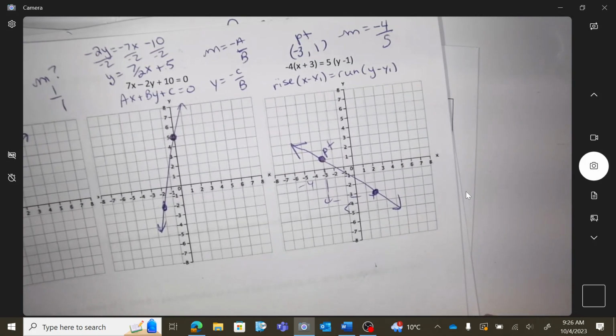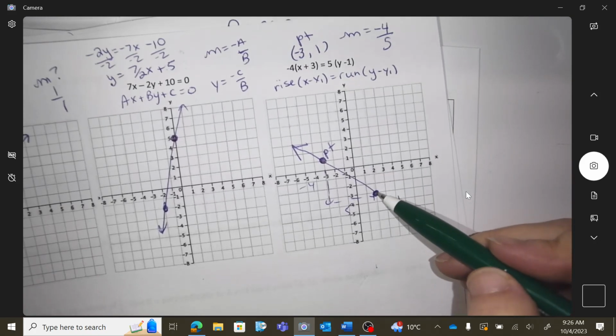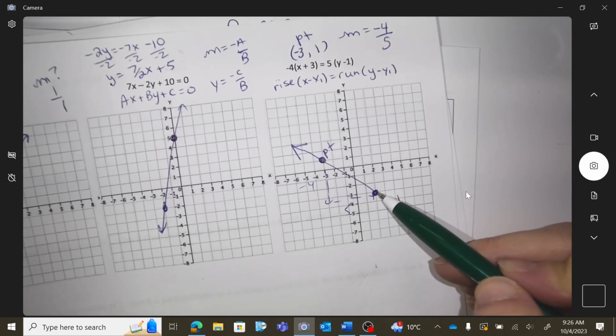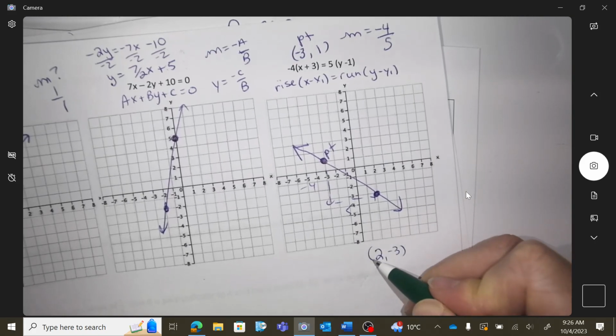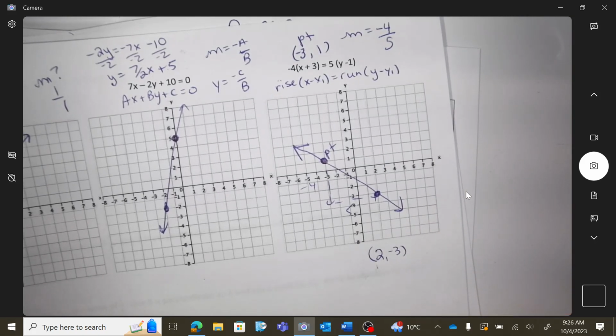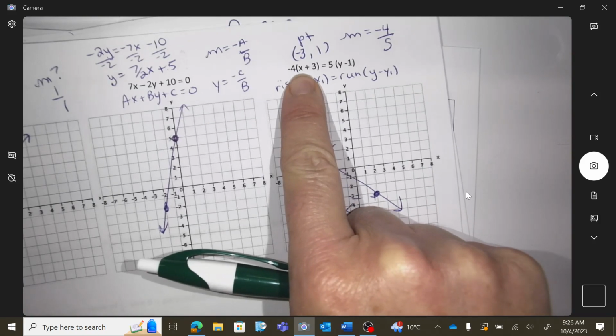If you are a person who really wants to check your answers, how could I do that? Here's a way. I can take this coordinate, which would be 2, -3, and I could plug it into this.